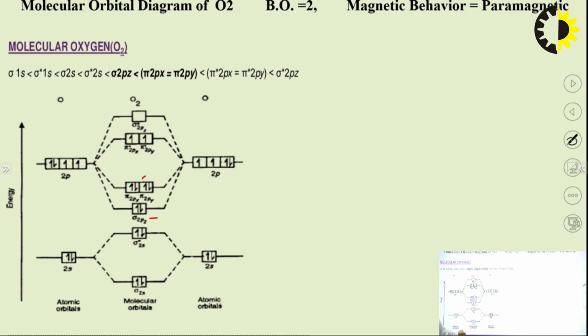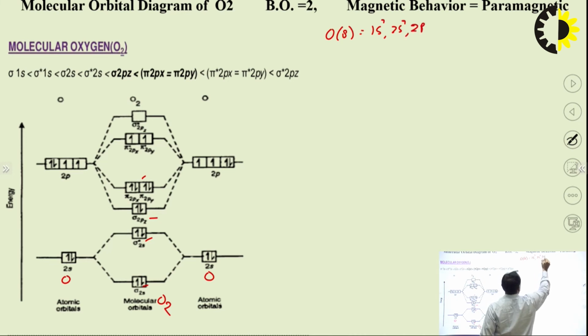Like nitrogen, we will make this 2s of oxygen. They will overlap and the oxygen molecular orbital will form, with a total of 4 electrons, 2 in bonding and 2 in anti-bonding. What is the oxygen atomic number? It is 8, so 1s2, 2s2, 2p4.